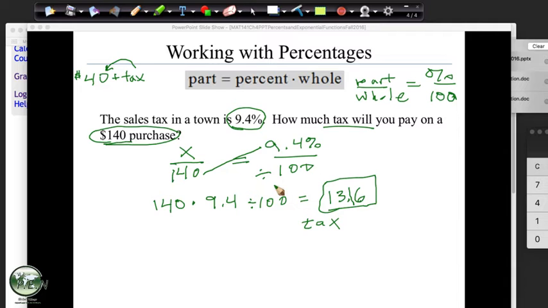And again, I do this a lot: once I know how to do a problem, if I'm not quite sure, I do it the other way and see if the answer makes sense. If we put the 140 on top and did it, we'd end up with like 1,316 or something, a really big number, and we'd say that's way too much tax. But sometimes you can do it that way.